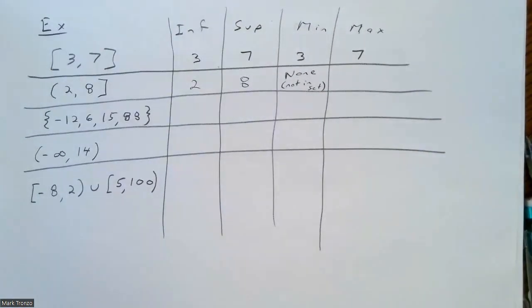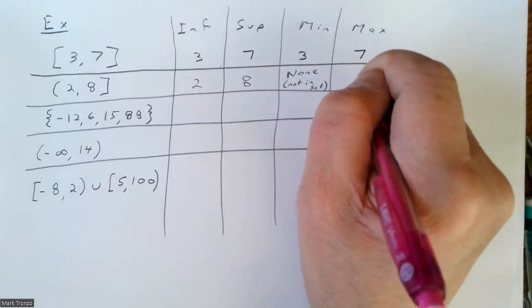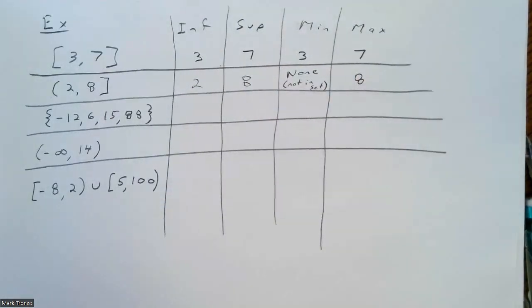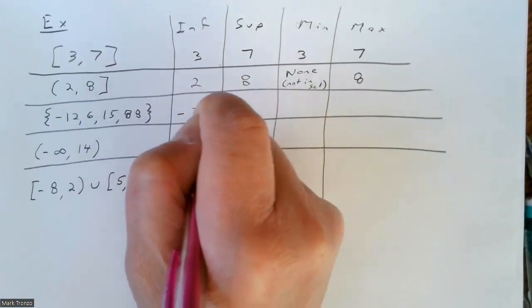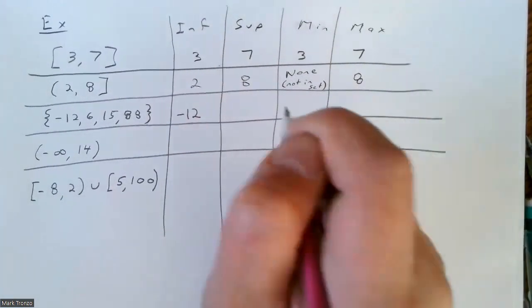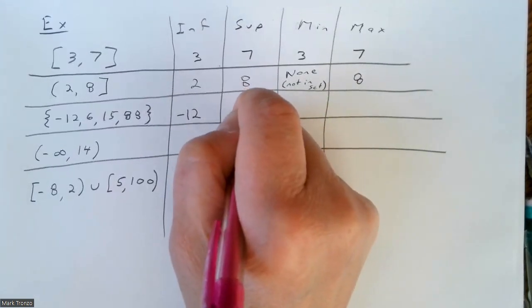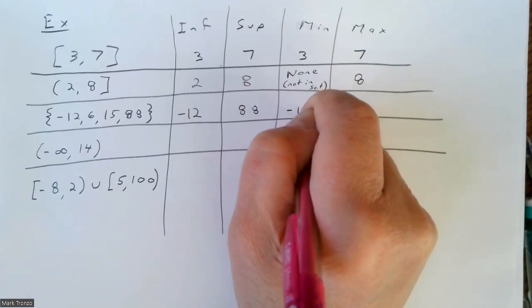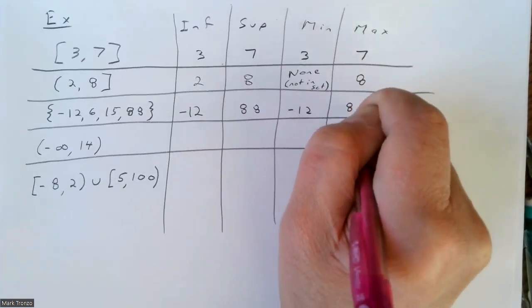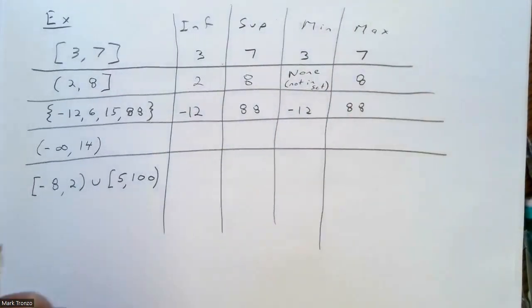I'll just say none. The maximum obviously is 8. And the next one, you probably understand this, minus 12, and the sup is 88, and again the min would be minus 12, max 88.